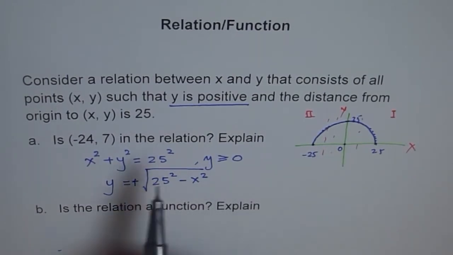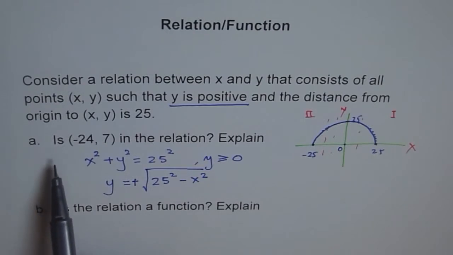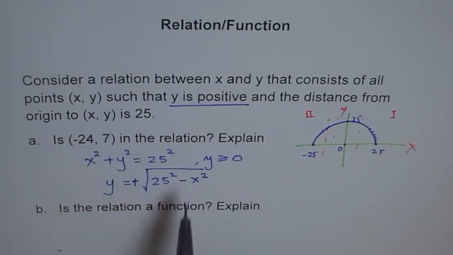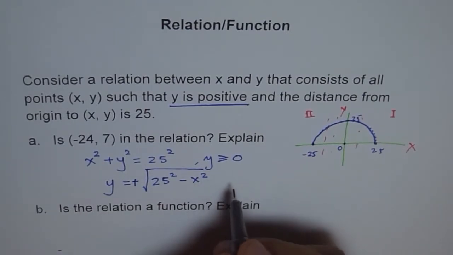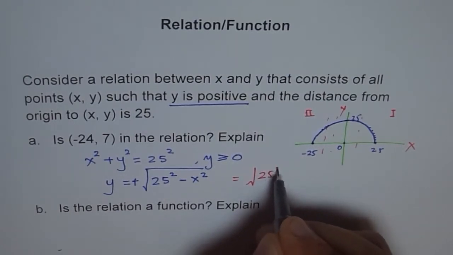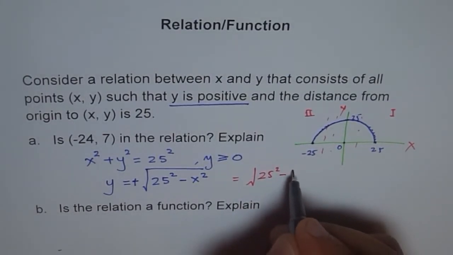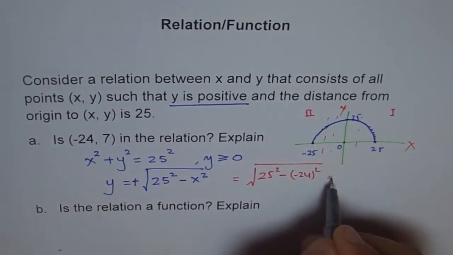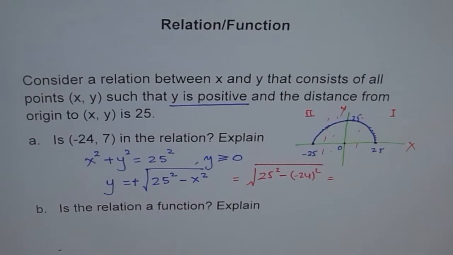Now, let's get back to question A, which is: is (-24, 7) in the relation? To figure out whether it is in the relation or not, we need to replace x with this, right? So let's find out. We'll do the square root of 25 squared minus 24 squared.